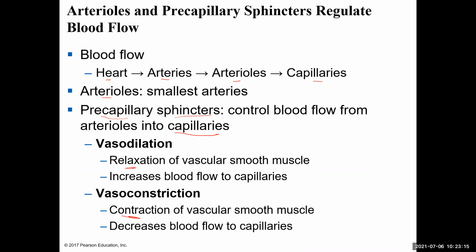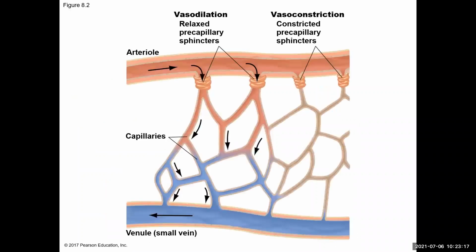Here's an image showing that process. You have your arterioles, which is this upper vessel, and you have your capillary bed, which is this network of smaller vessels in between the arteriole and the venule. The blood is going to flow from the arteriole into the capillaries.